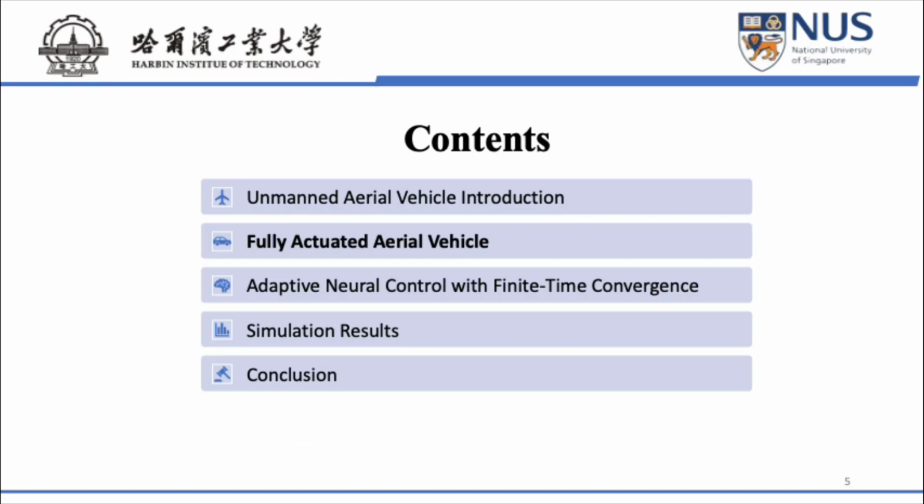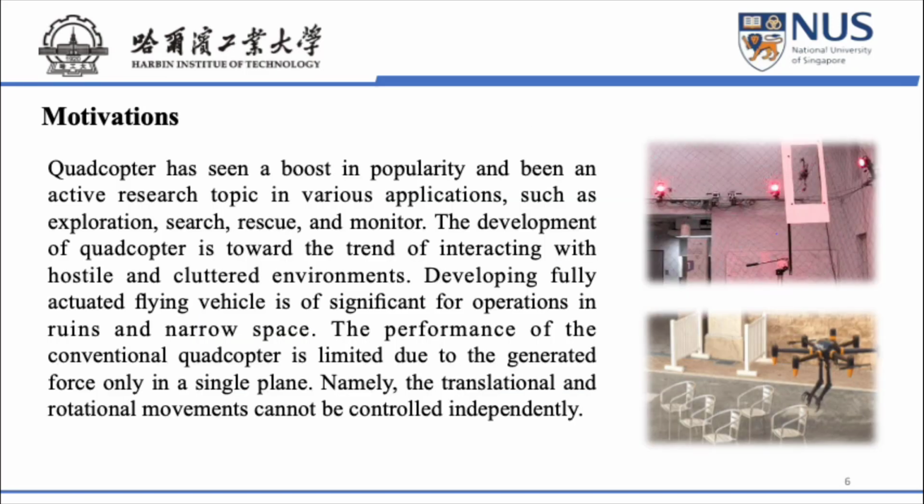Motivated by the above discussion, we would like to propose a novel fully actuated aerial vehicle, which can achieve more ability, such as developing the fully actuated flying vehicle. It's very important for operations in ruins or narrow spaces.